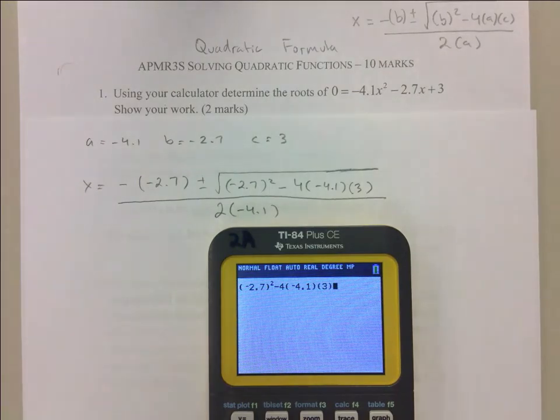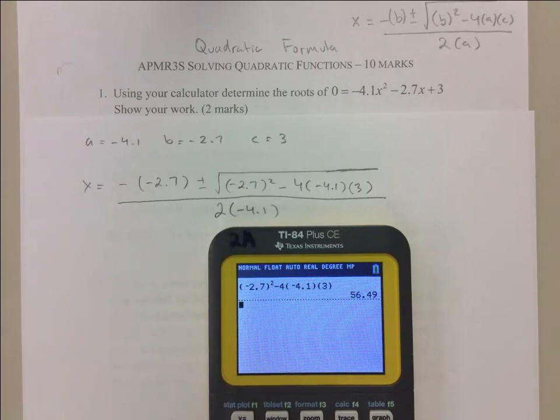So if you use brackets, you'll get it right every time. So that's 56.49. 56.49 is what I have. Are we good? Yeah.